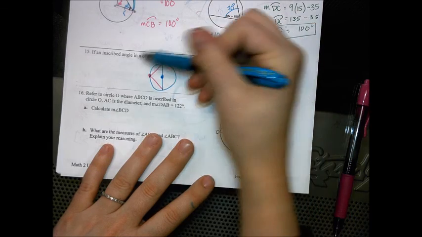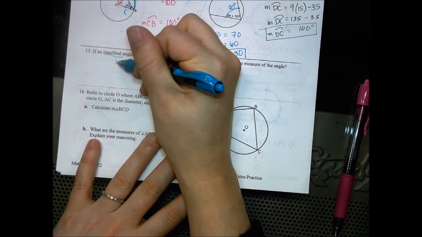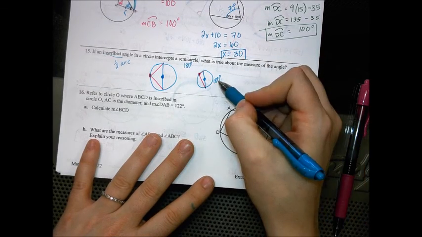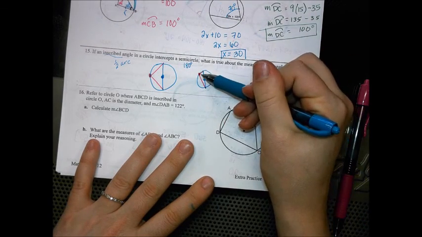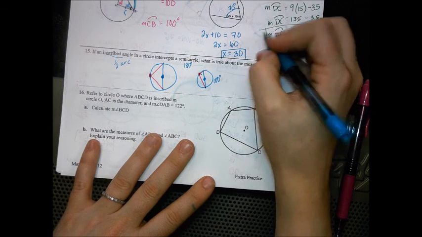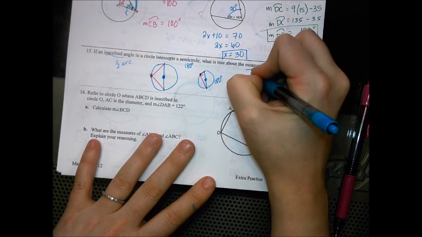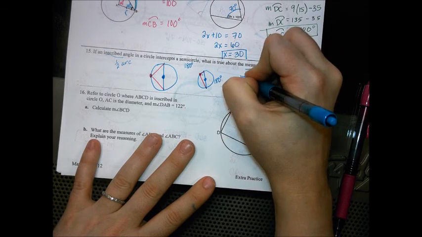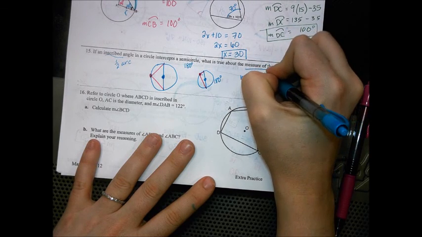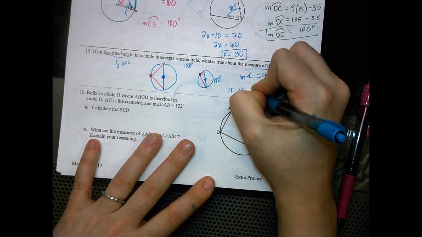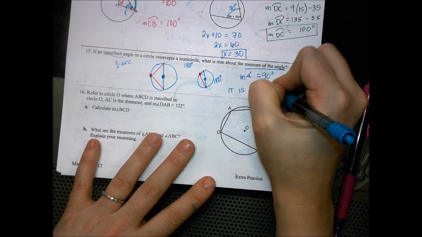An inscribed angle is half of the intercepted arc. So half of 180 is 90. So what is true about the measure of the angle? You can say the measure of the angle would equal 90 degrees, or you can tell me it is a right angle.